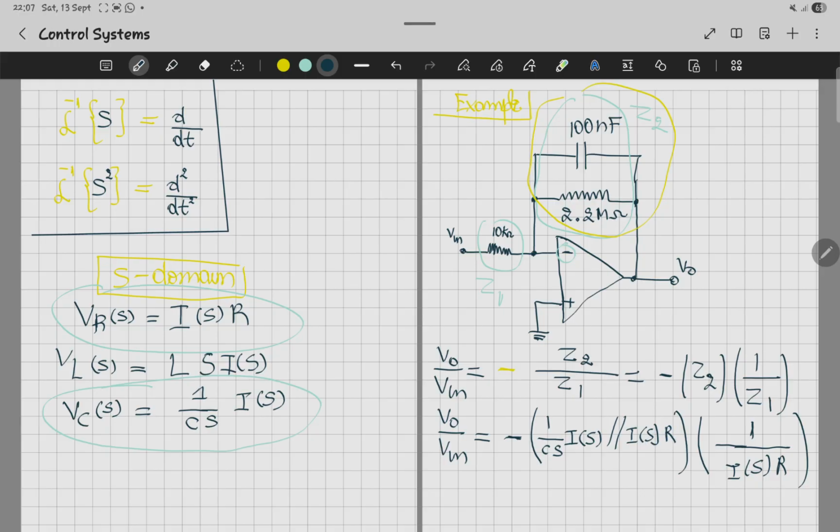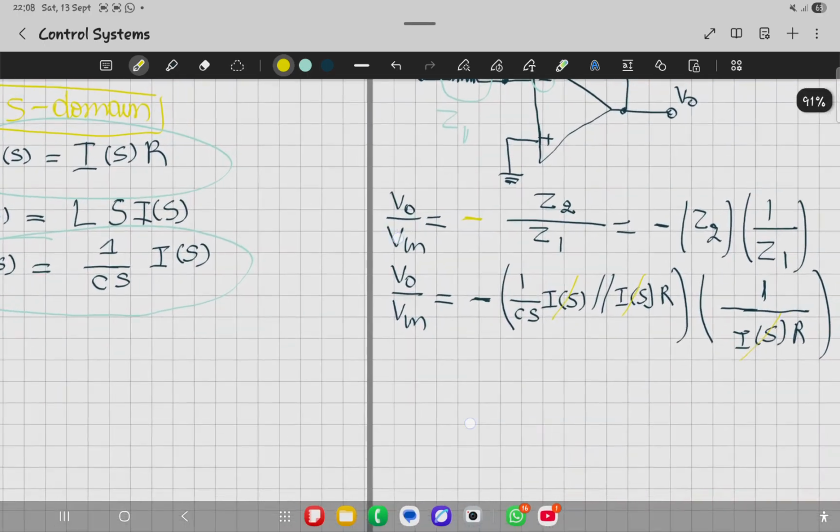So we're going to get the parallel equation of these two, but to make it simple, we always cancel the current, since the current is common in all the equations. So I'm going to write them without the current to make it easier to calculate, because even if we keep the current, later on we're going to remove it as we did with all other equations.